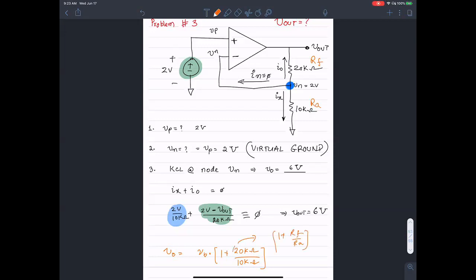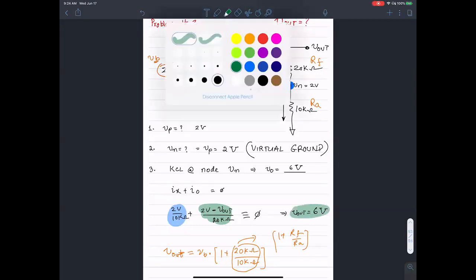All of this ratio is going to be 2. 2 plus 1 is 3. 3 times VB, this is VB. So V output equals VB times RF over RA. We would have arrived at the exact same solution as well.